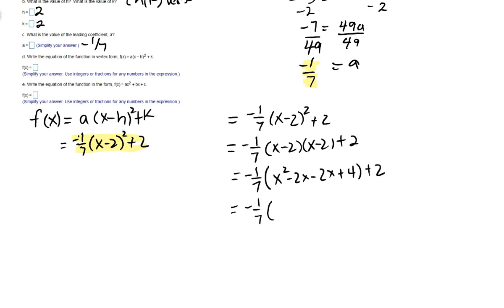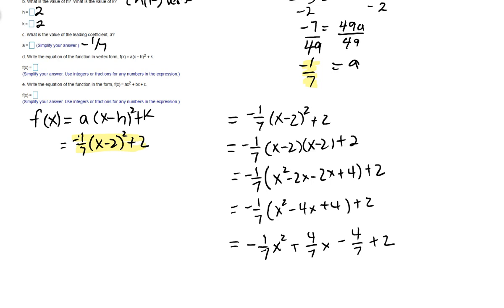I'll combine like terms to get x squared minus 4x plus 4, plus 2. I'll distribute that negative 1/7 to get negative 1/7 x squared plus 4/7 x minus 4/7 plus 2.